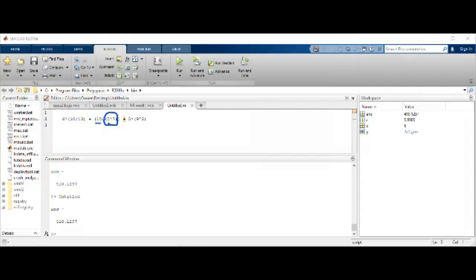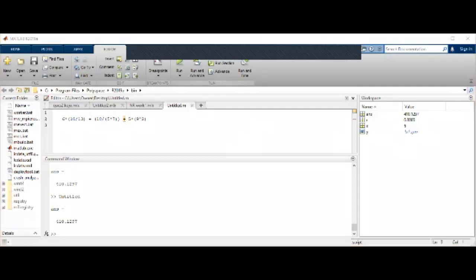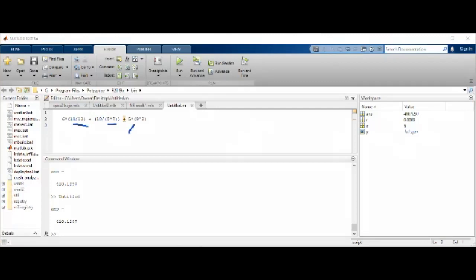How do you do that? You make sure you put this one in brackets, then you put the whole expression in brackets, so that after it has evaluated, it can go and add the results to this one and to the final one. When you do it that way, you get the answer.